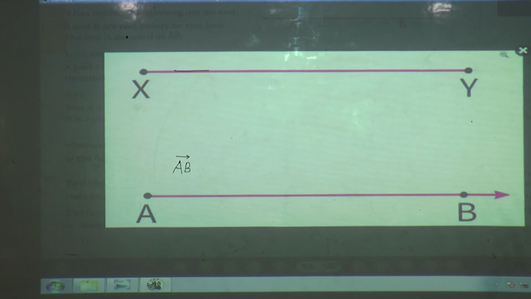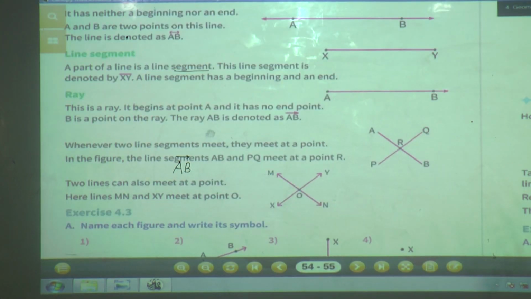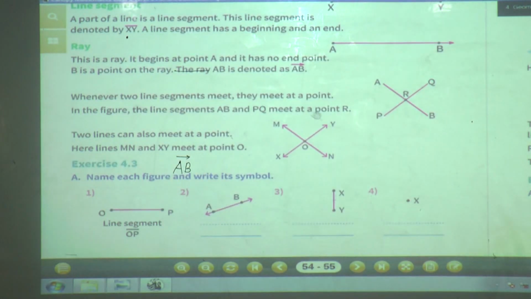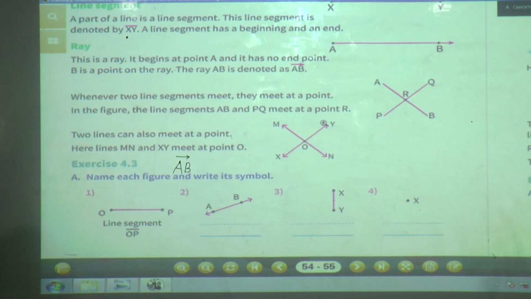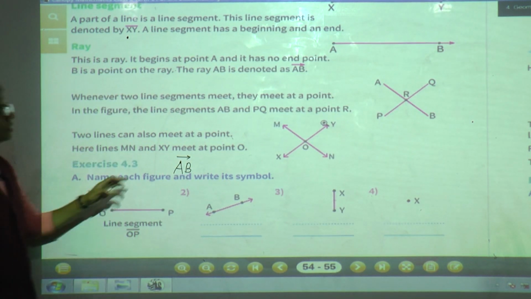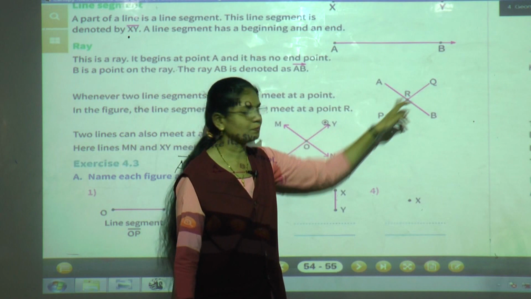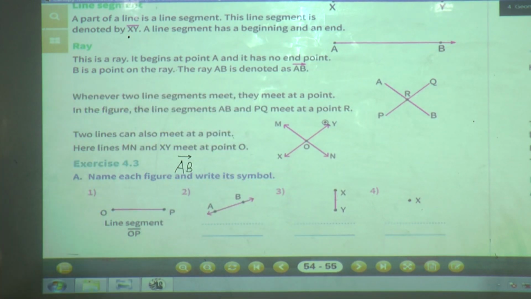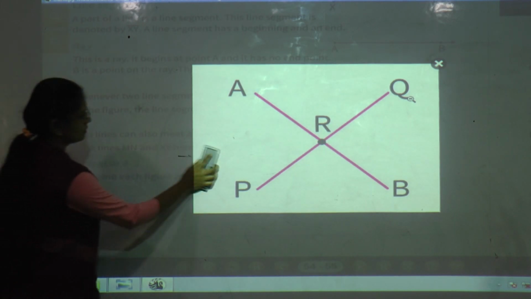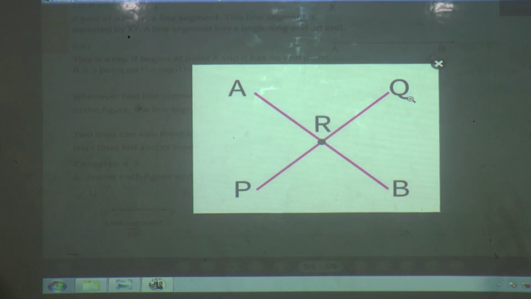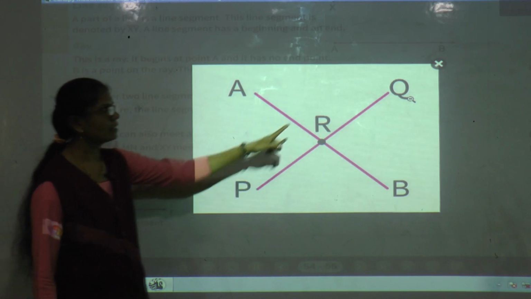Next, now see, whenever two line segments meet, they can meet at a point. See, here two line segments are there. Okay, what are the names of the line segments? Can you tell me? The line segment AB and line segment PQ.